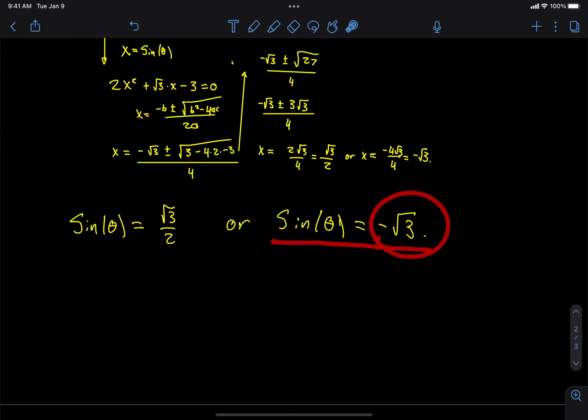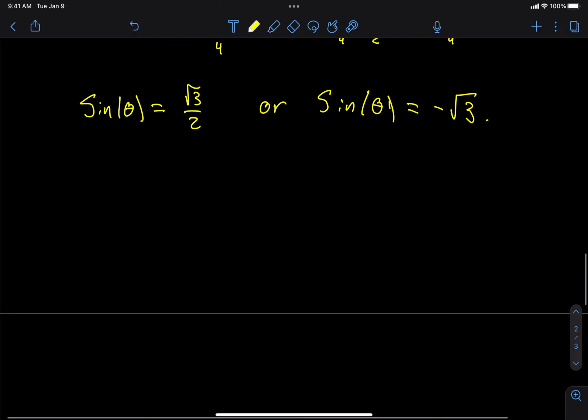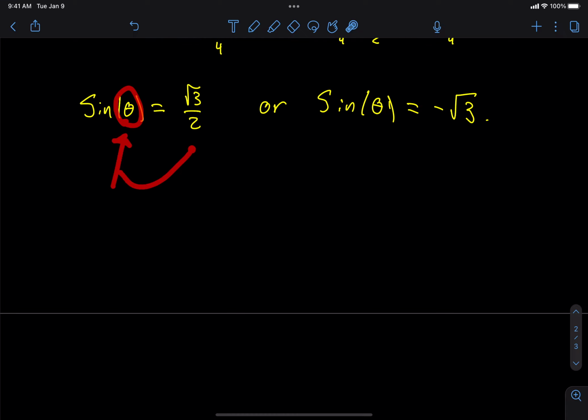This number is outside of the range of the function, so I'm not going to worry about that. I am going to worry about the first one, though. So how do I do this one? I need to find all of the angles theta such that if you plug them into sine, I get this as an output.